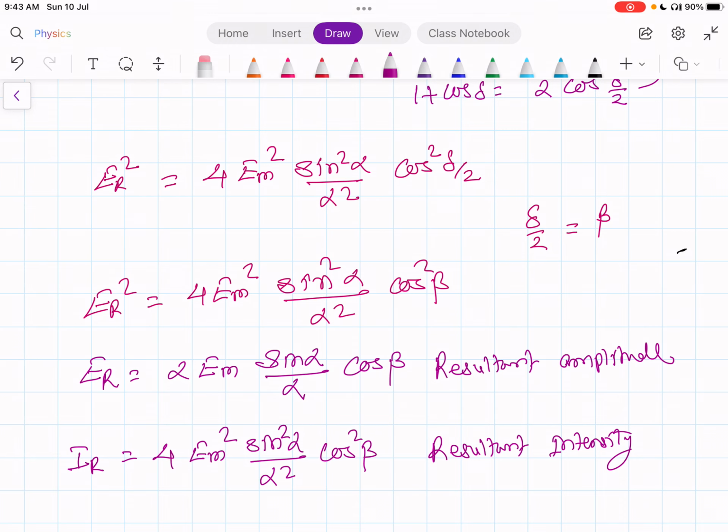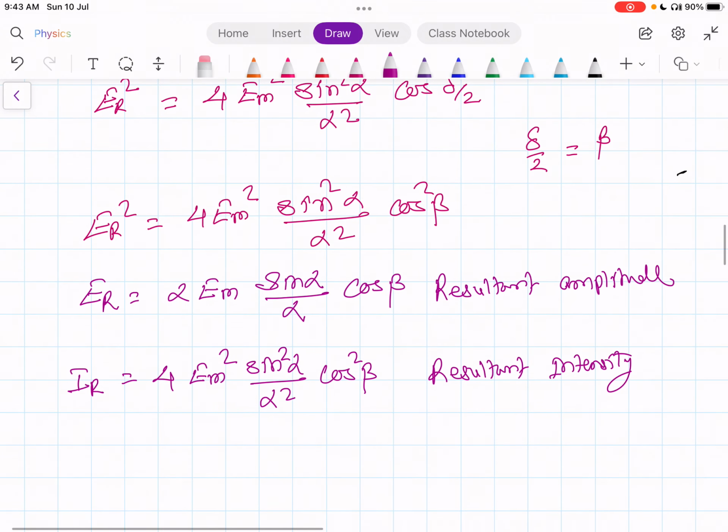So that is the resultant intensity. Now see the equation of the resultant intensity carefully. This resultant intensity, as you can see, has two components.